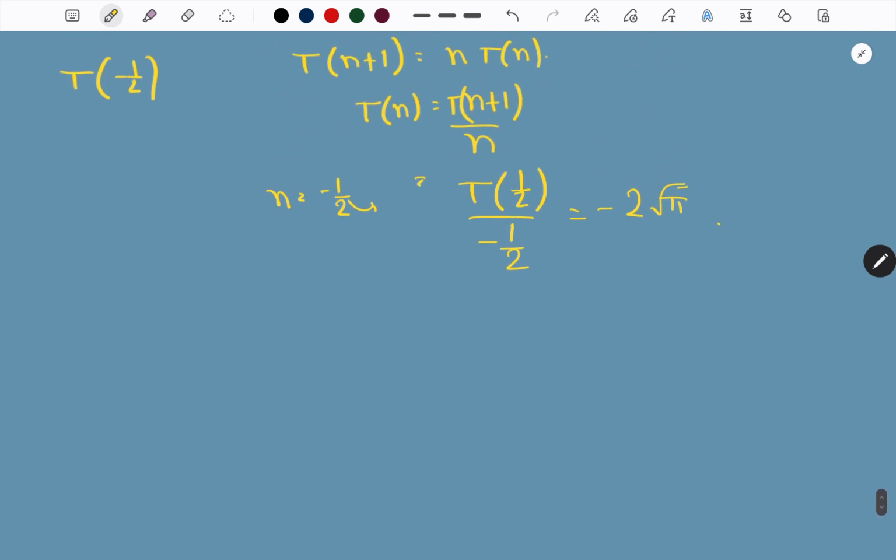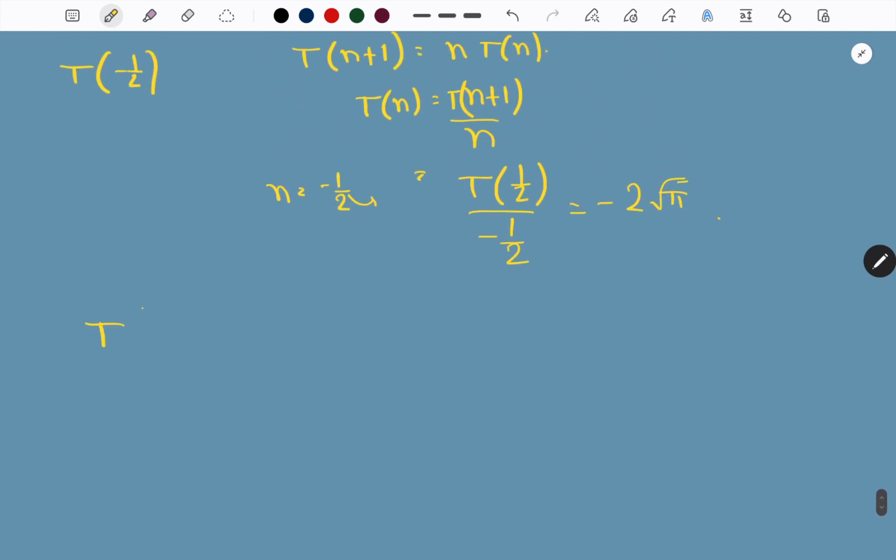Similarly, we can write for tau of minus 5 by 2. So how do we go for minus 5 by 2? We can write it as tau of minus 5 by 2 plus 1, that is tau of minus 3 by 2, divided by minus 5 by 2, which is equal to minus 2 by 5 times tau of minus 3 by 2.